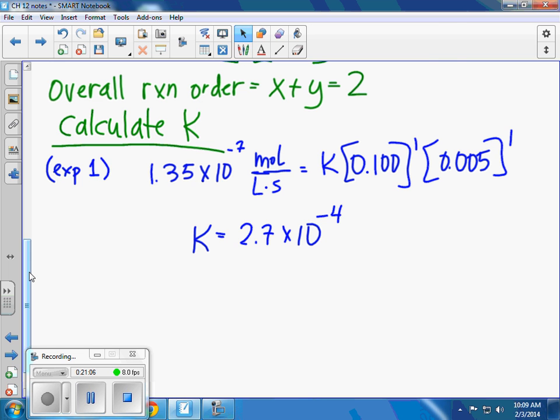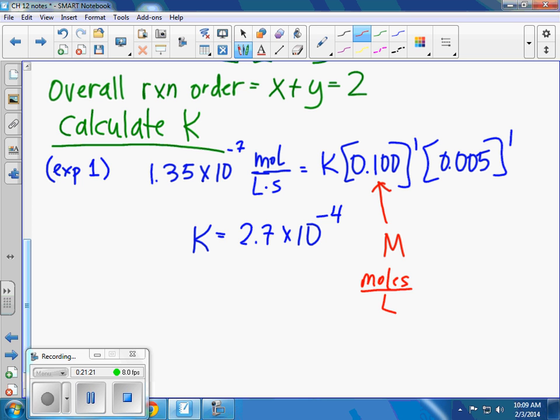All right, so this concentration here means molarity, right? What does molarity equal? This is moles over liters, and would you agree that that's squared? So this is squared, and this is K, and on this side we have moles per liter second.